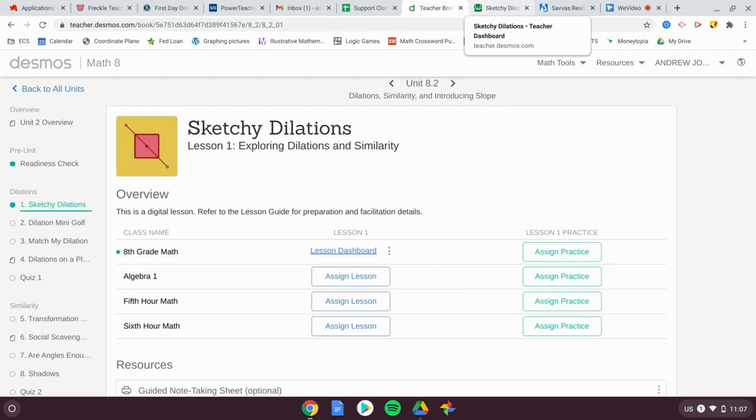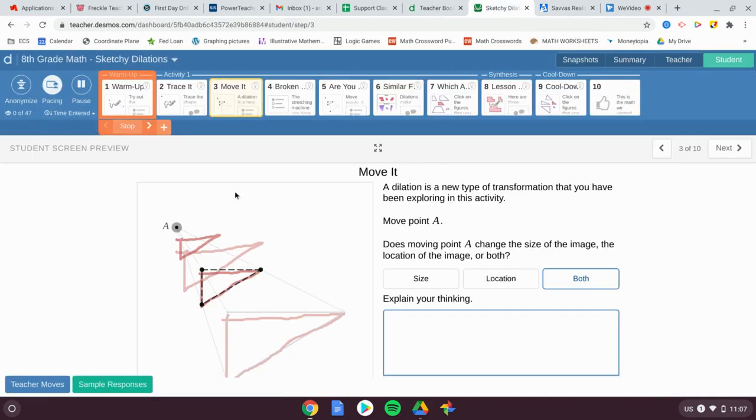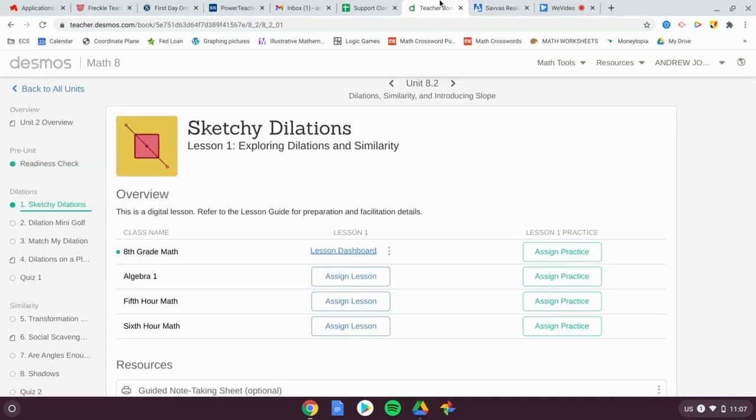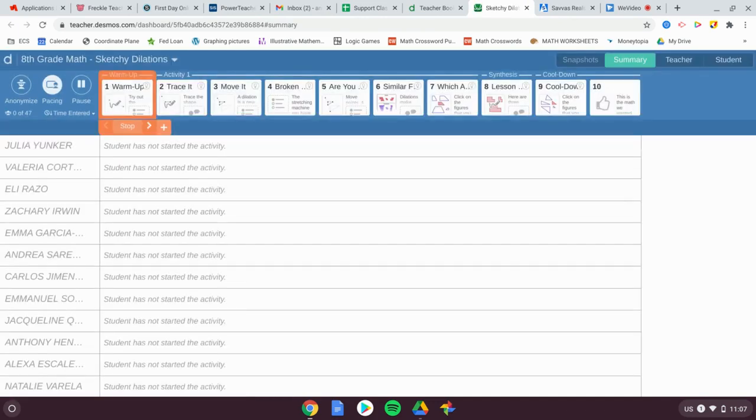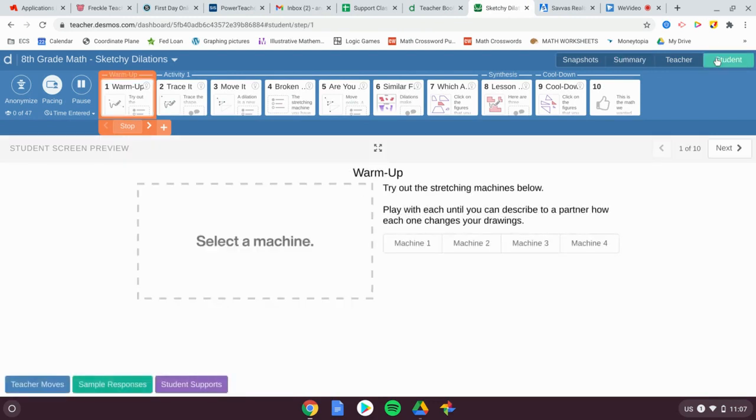You will be working on this at your pace. Let's see here. All right, I'm going to go to our lesson dashboard and work through this lesson.